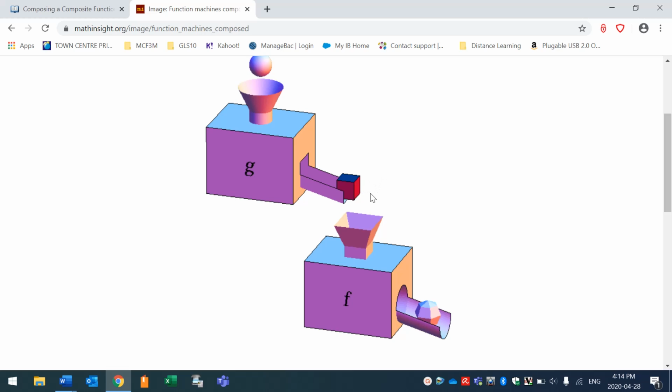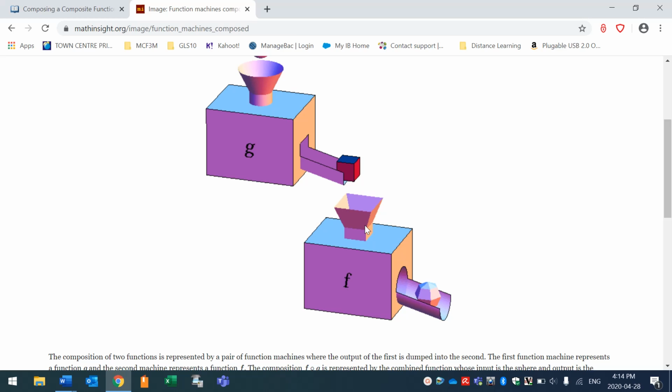When the result comes out of g, it then goes straight into function f. Notice that the funnel for the result of function g fits the shape and size of this cube. If it didn't, then this composition of functions wouldn't work. Mathematically, that's analogous to the range of the function g having to match up with the domain of the function f. I'll talk a little bit more about that after.